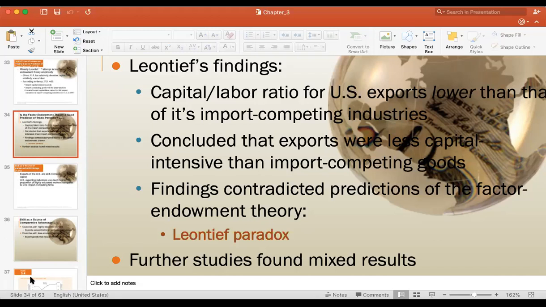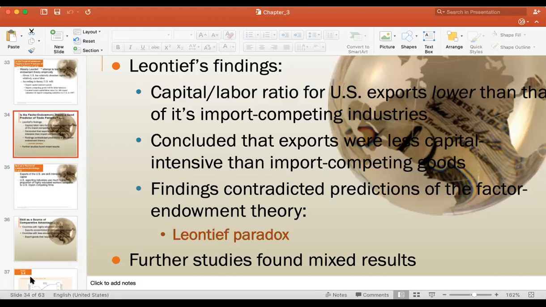Whereas there may be other goods that only require rudimentary capital and unskilled labor to produce them. So according to this economist, if we really want to find out if the HO model is relevant or not, we really have to disaggregate labor and disaggregate capital into their different forms.